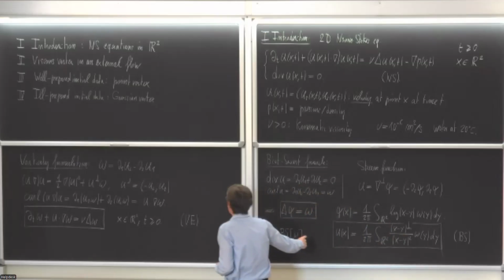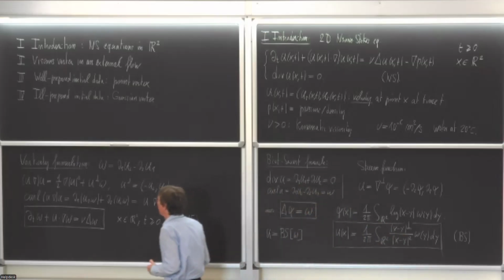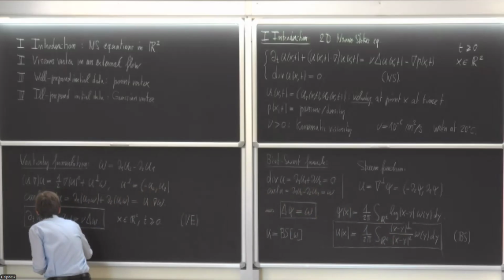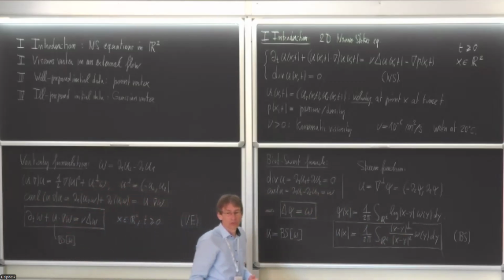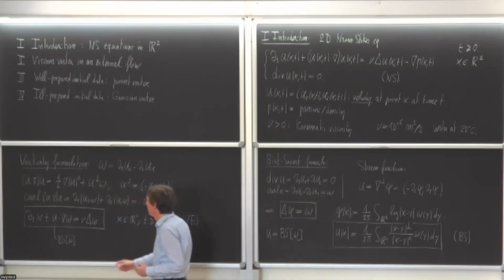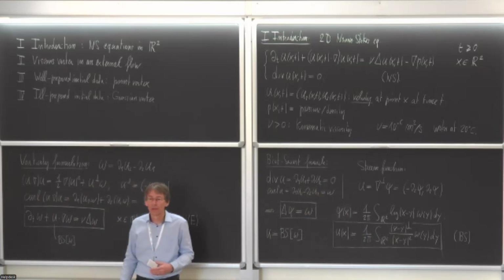So which means that if you replace u by BS of omega, you see that the nonlinearity is quadratic. It's a quadratic expression in omega, which is, by the way, non-local. So non-locality is a problem.